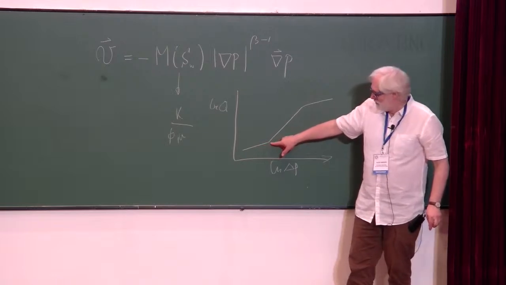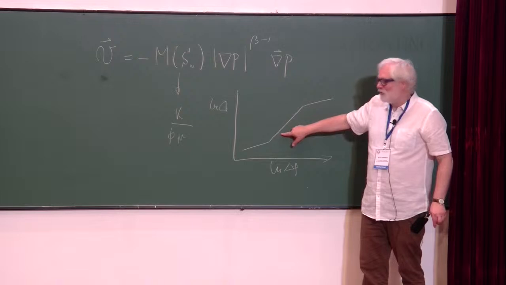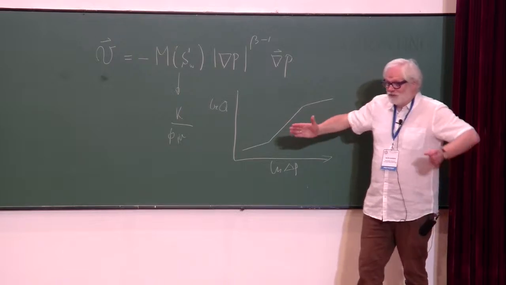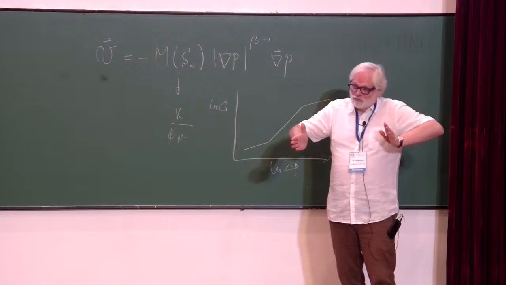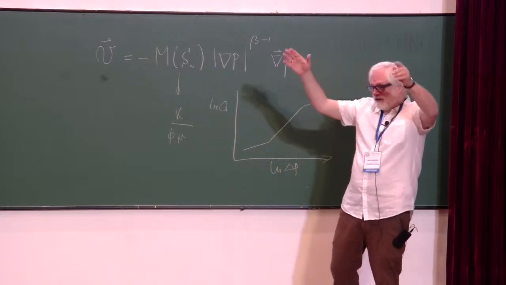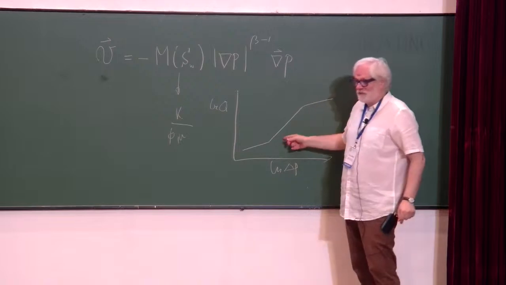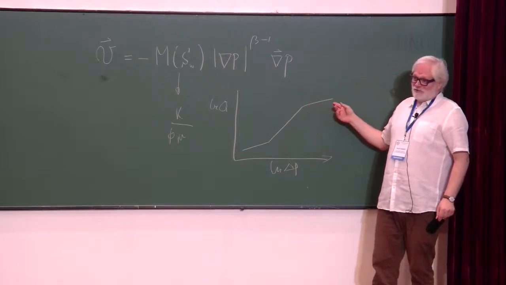Then suddenly you go into this critical region where you're mobilizing more and more interfaces. It's just like if you have a granular packing and you're pushing it more and more, then more and more grains come in contact, and you see this thickening network. You see exactly the same thing here. And it goes back to linear, because now all the interfaces are moving.